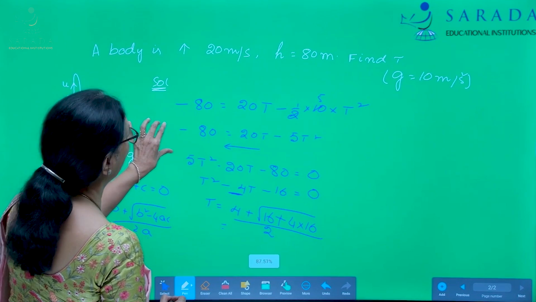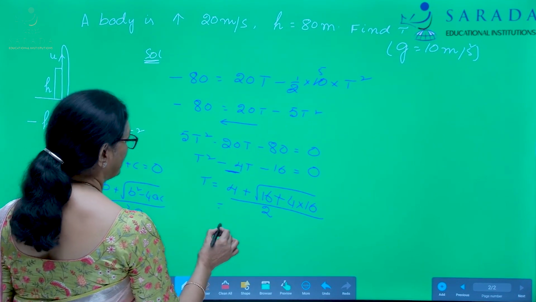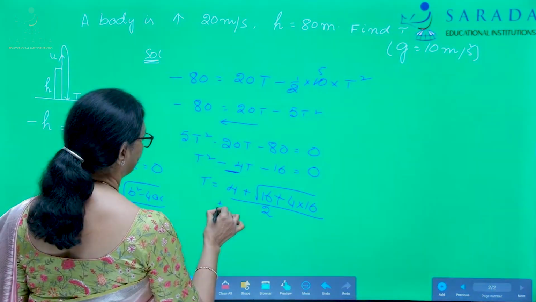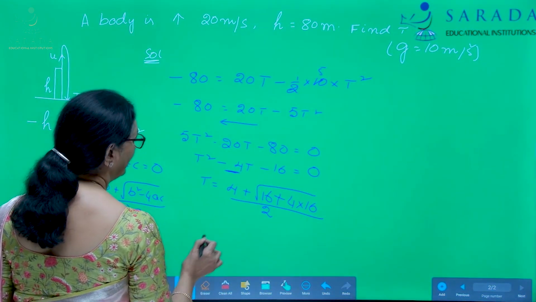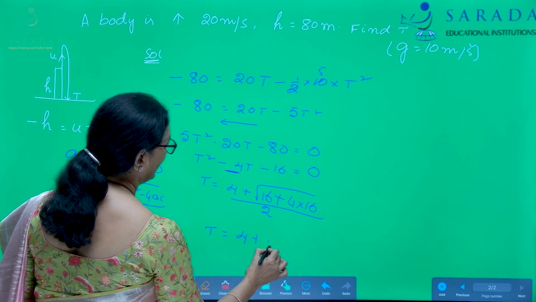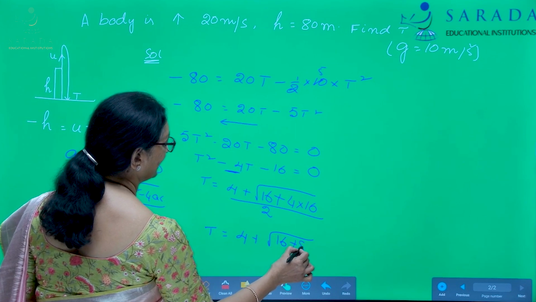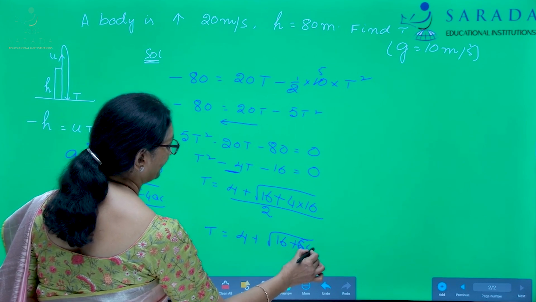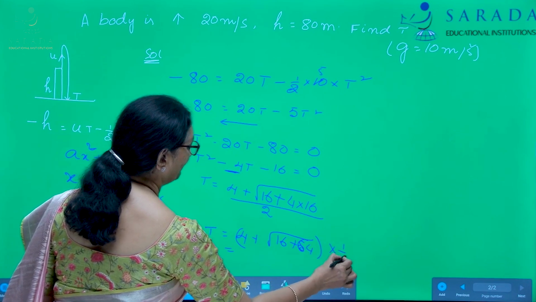So, what do we get? Look here. t is equal to 4 plus root of 16 plus 4 16s are 64, divided by 2.